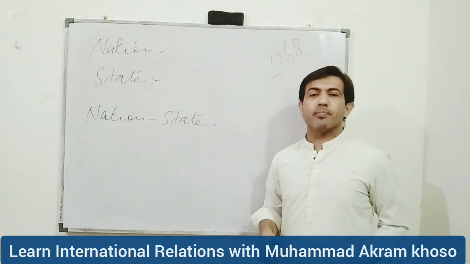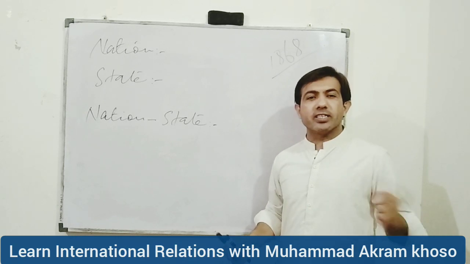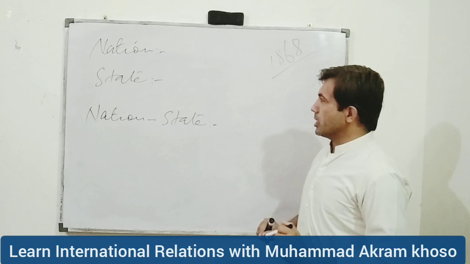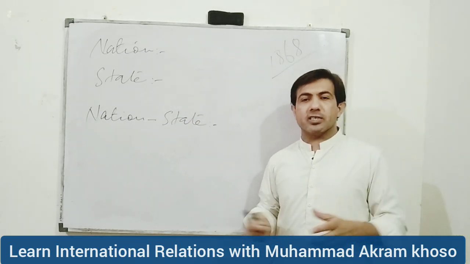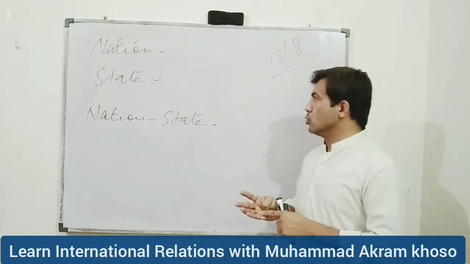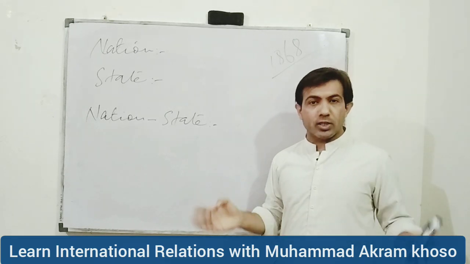What is a state? There is a particular definition of a state in international law. There are four elements of a state. Number one, a nation: in a state, there must be a permanent population. Number two, a well-defined geographical territory.